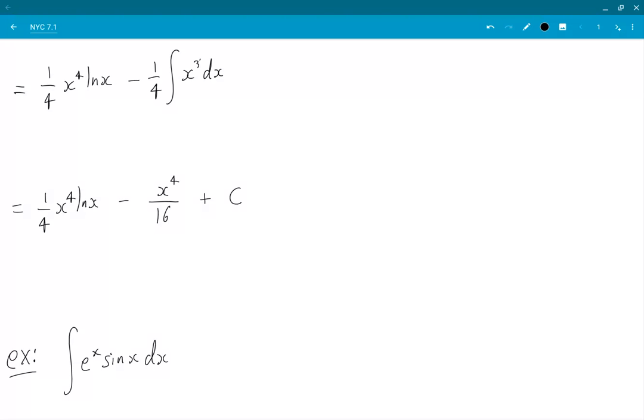e to the x sin x. What to do? What does LIPET say? I don't really think about LIPET, but I might as well be consistent for once in my life. It tells me that I should do the exponential, this should be u, before I do the trig, the sine x.